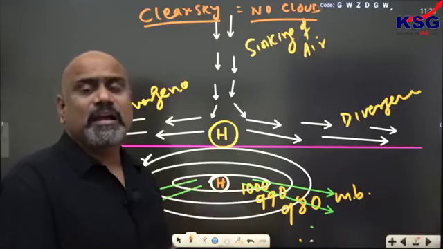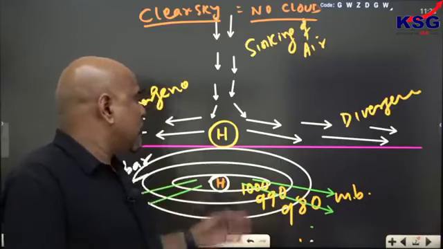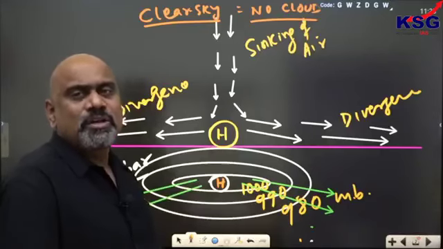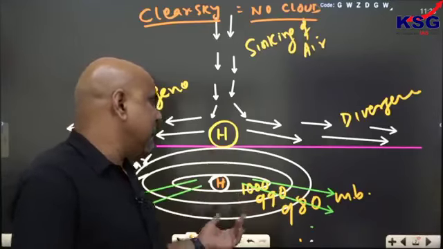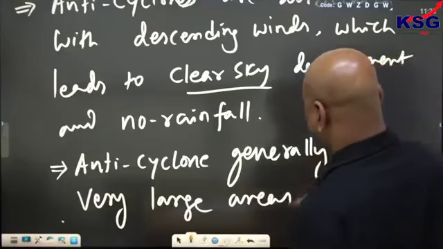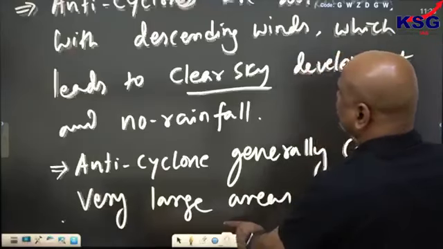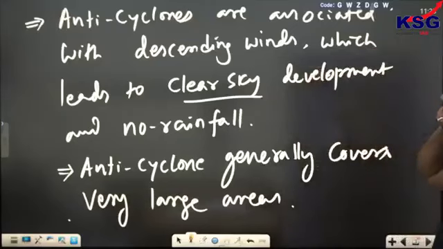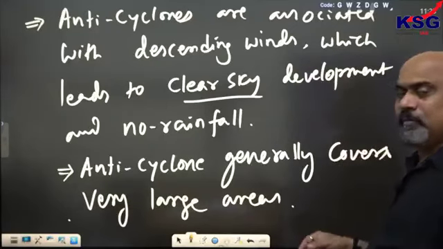टेम्परेचर बढ़ेगा तो क्या है? ड्राइनेस बढ़ेगा. So comparatively drier air you will find here. There will be no rainfall in this case, no cloud formation in this case. That's what I have said. Anticyclones are associated with descending wind which leads to clear sky development and no rainfall.